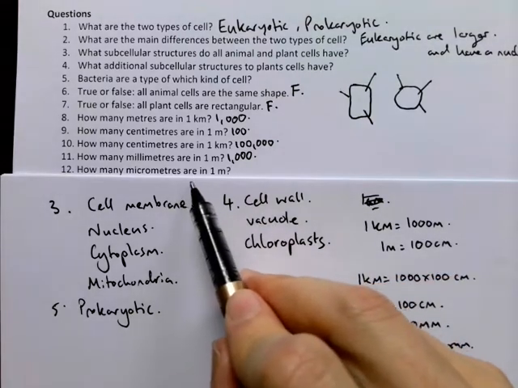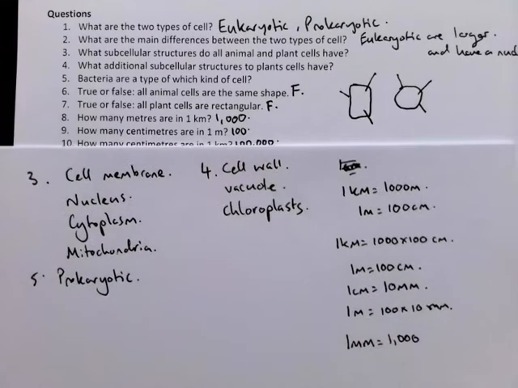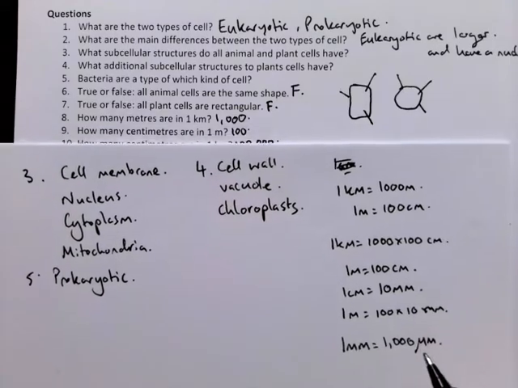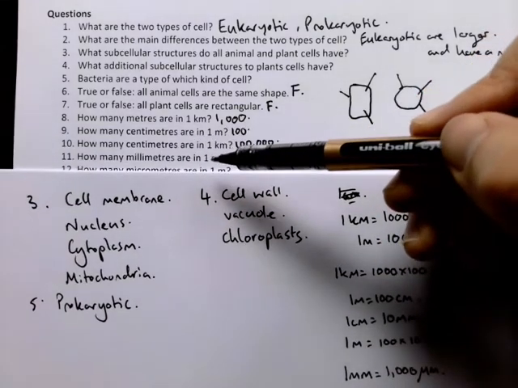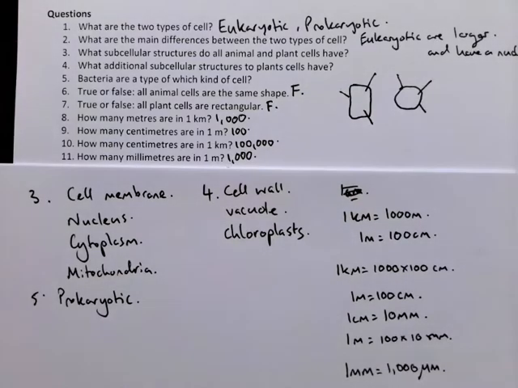And how many micrometers are in 1 meter? Okay, so I need to think about this now. 1 millimeter equals 1,000 micrometers. So 1 millimeter is 1,000 micrometers, and I've also already said that 1 meter is 1,000 millimeters. So let me just write this out again.